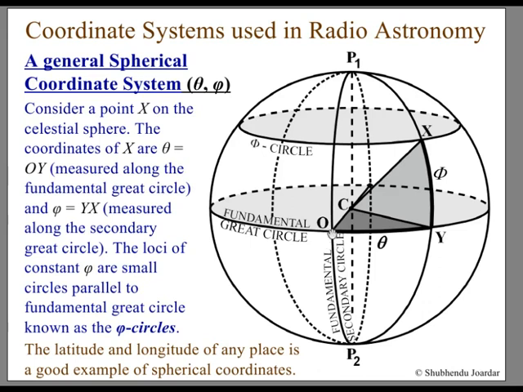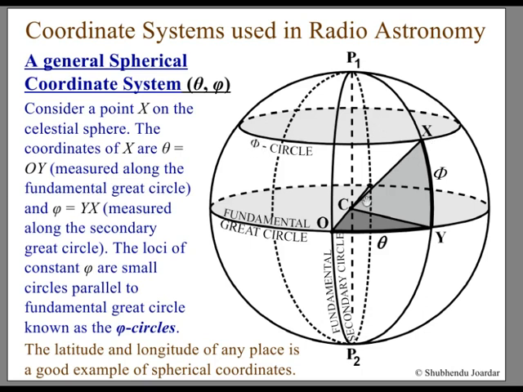So we consider this as the reference point, O. Also, I forgot to mention that any circle parallel to this fundamental great circle will be smaller, and in this case they are called phi circles, because phi is the other coordinate, or variable, with which you measure the position of the object.